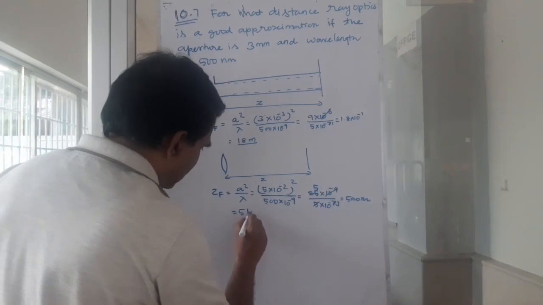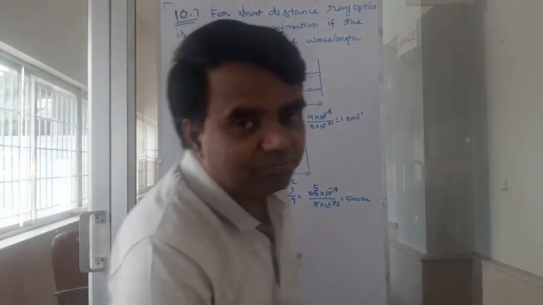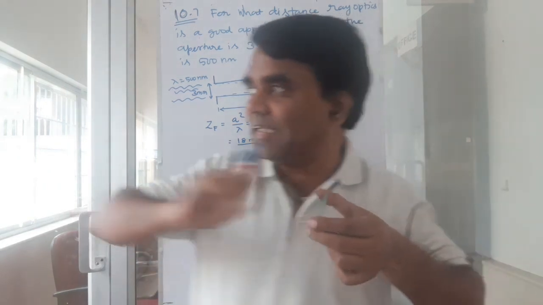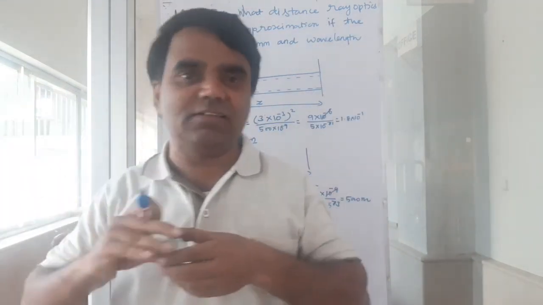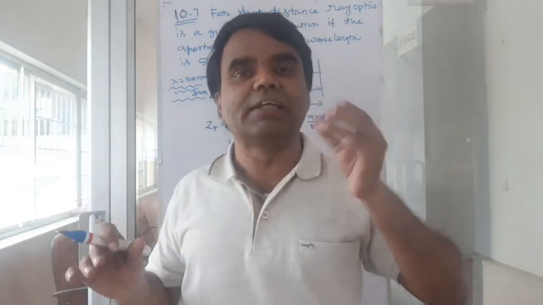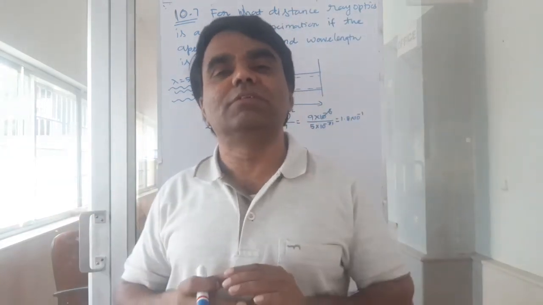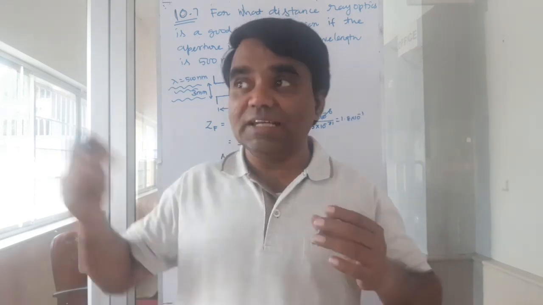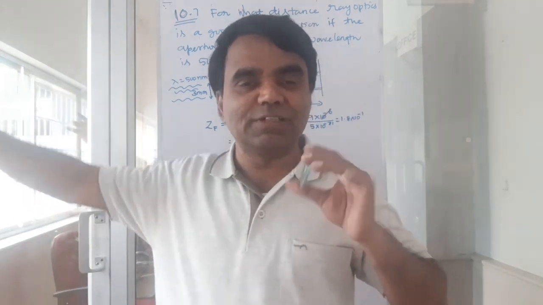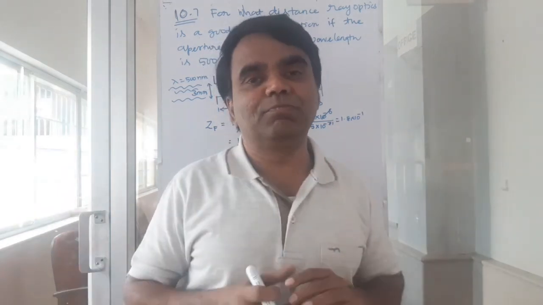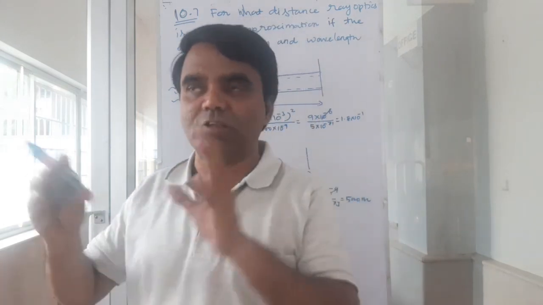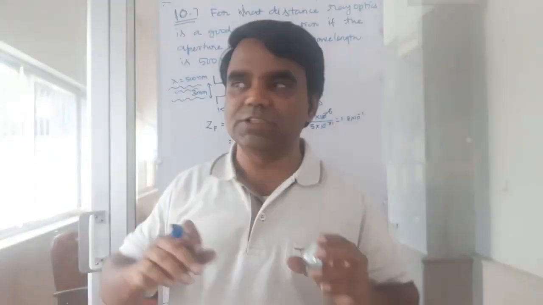So for 5 kilometers from here, if we keep this lens here, for 5 kilometers on this side and this side, I can use ray optics. So only after 5 kilometers can you feel the wave nature; the diffraction effects and interference effects will become predominant only after 5 kilometers.